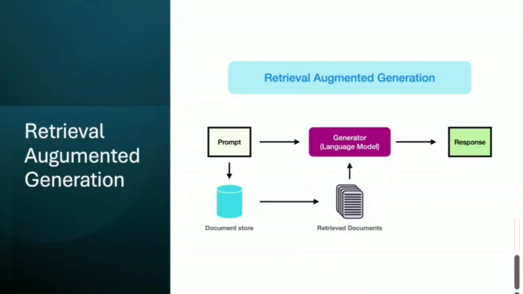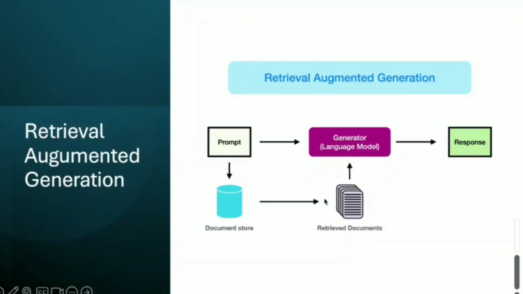So, given a word or a sentence, it is able to identify similar sentences within the data. Those documents are what I call retrieved documents.